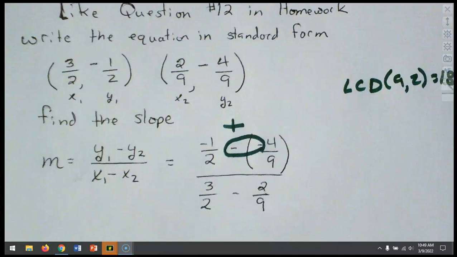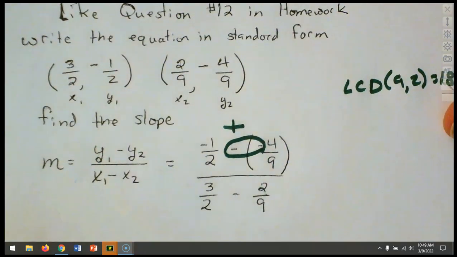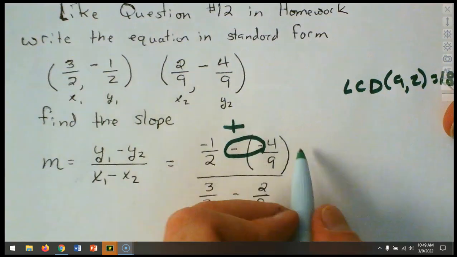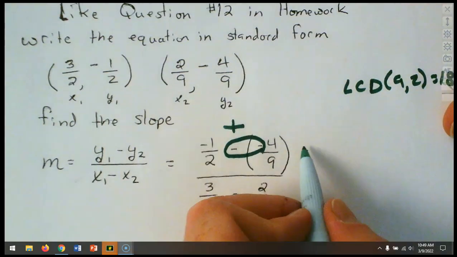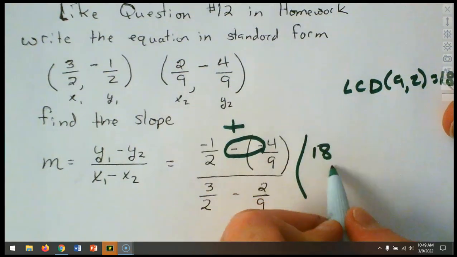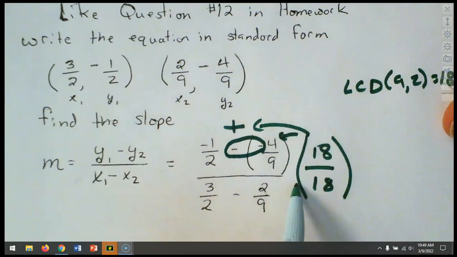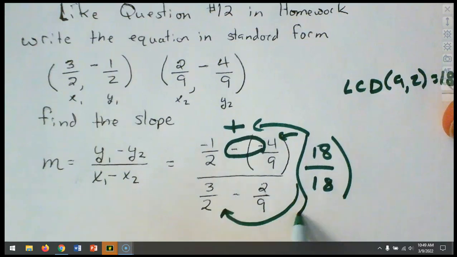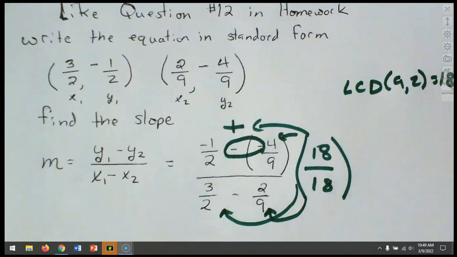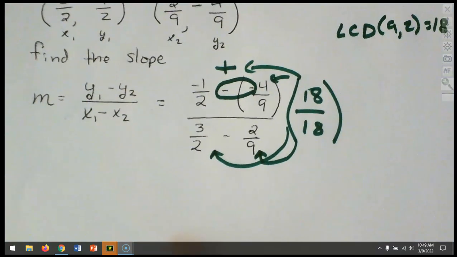Okay, so we're going to multiply everything by 18. And that is going to remove all of our fractions. So multiply every component by 18.